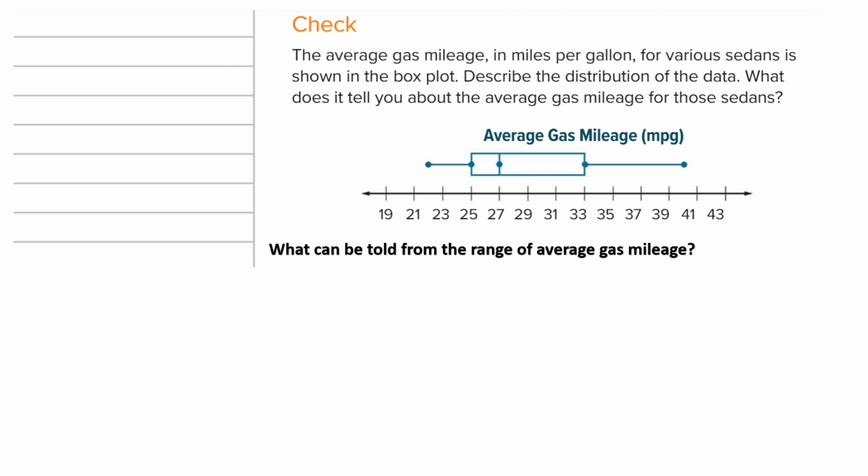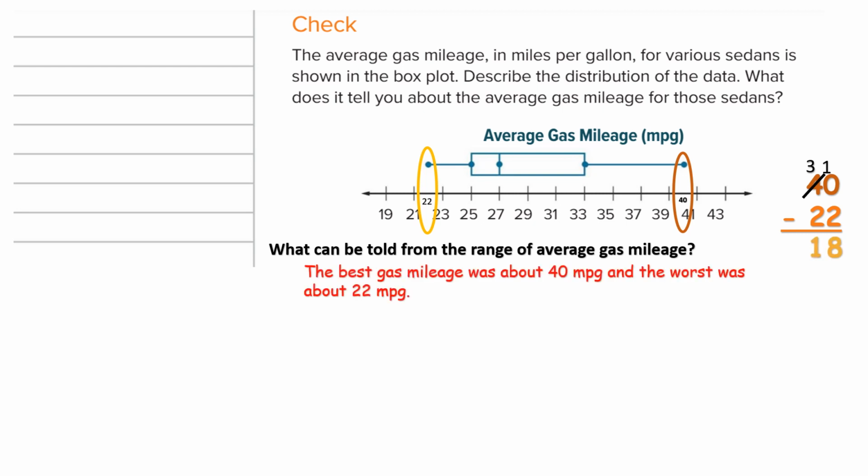So what can be told about the range of these average gas mileages? Well, when I look, I can see that the range is about 22 for the lowest number and about 40 for the highest number. So when I do the range, once again, that is subtraction. So I subtract 22 from 40, which makes me borrow, and 10 minus 2 is 8, and 3 minus 2 is 1.